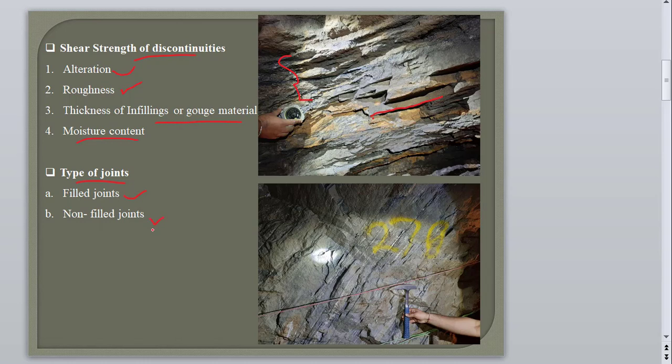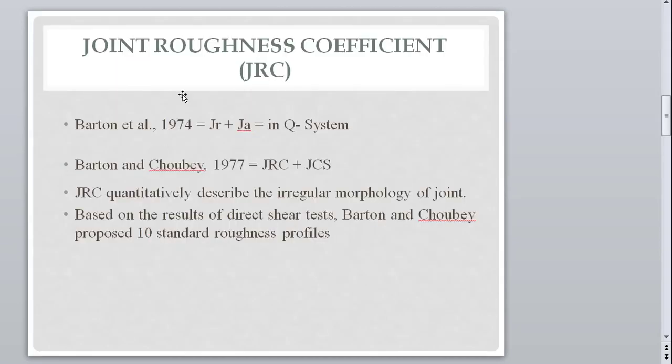Next is the joint roughness coefficient, also known as JRC. First of all, Barton et al. in 1974 included joint roughness and joint alteration in the Q system. After that, Barton and Choubey in 1977 included JRC, the joint roughness coefficient, and joint compressive strength.